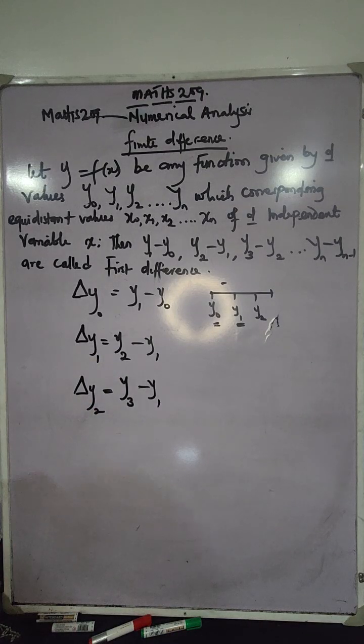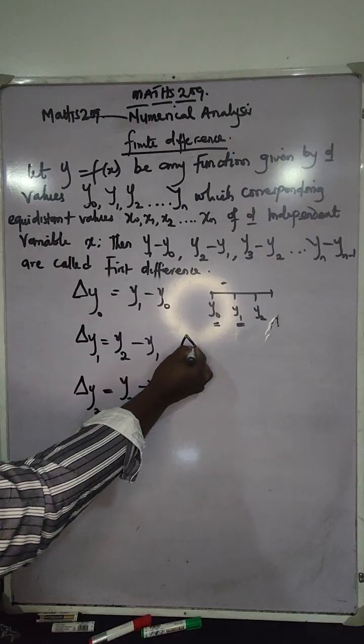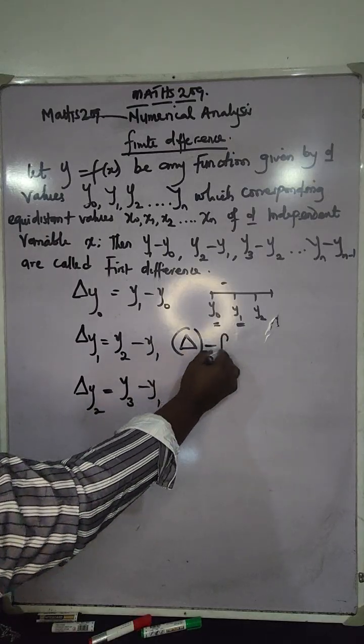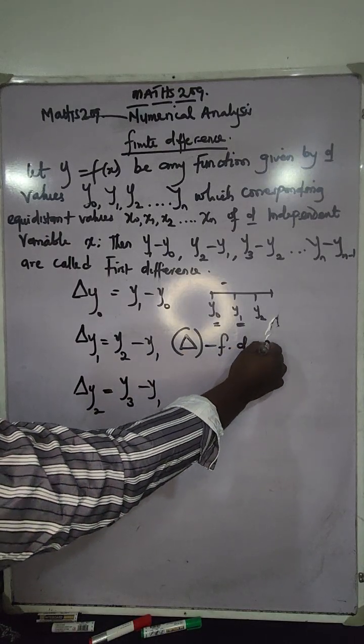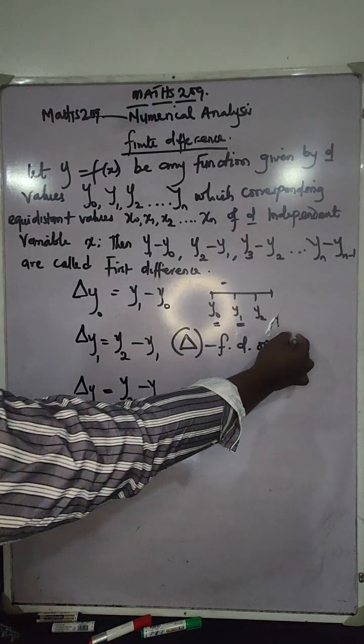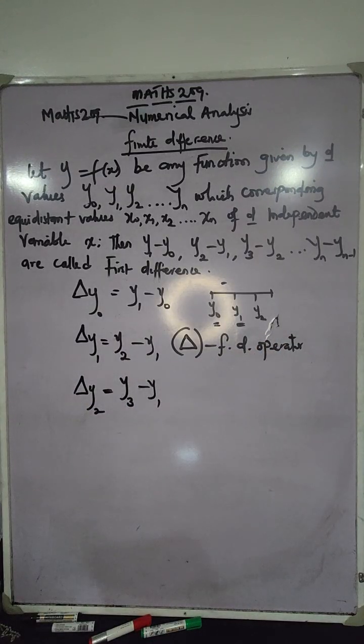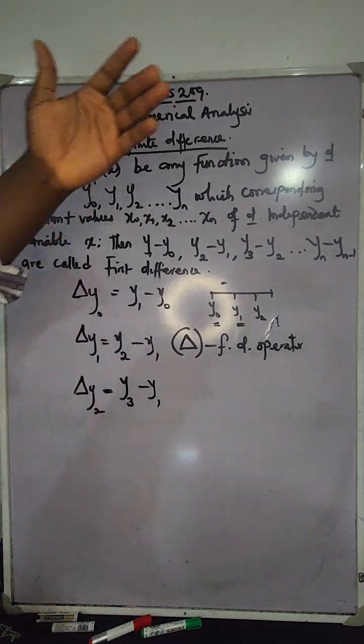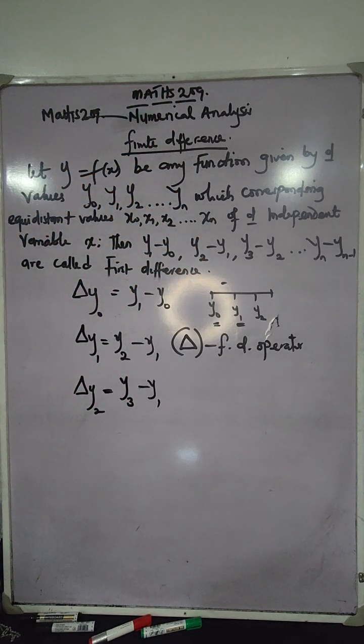Now this particular symbol, as you can see it here, is called the forward difference operator. What does it do? It helps you check the differences between where you are going to minus where you are coming from.